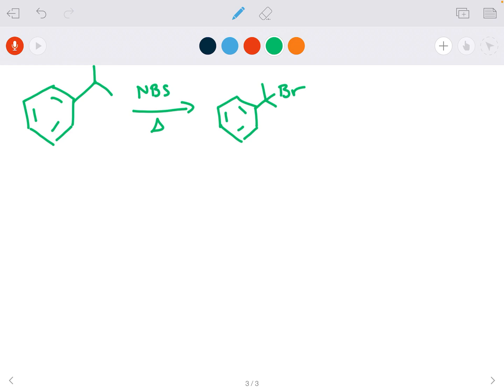Now, this is an especially useful reaction because bromide is quite reactive, whether it's going to be in an SN1 reaction, right? We could take our compound here that we just formed.